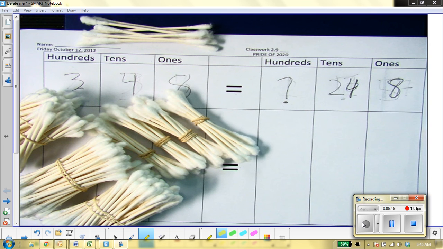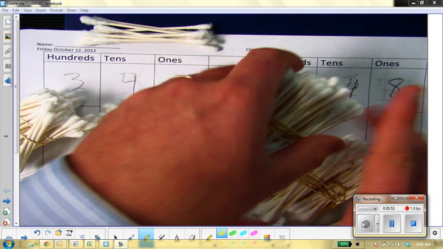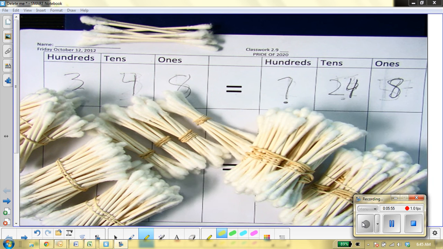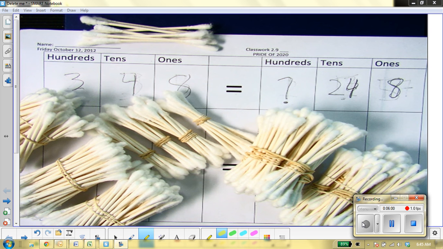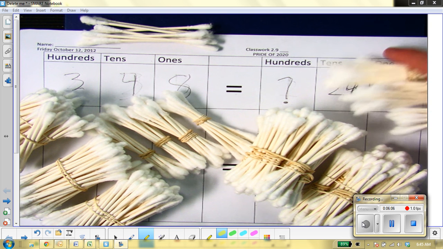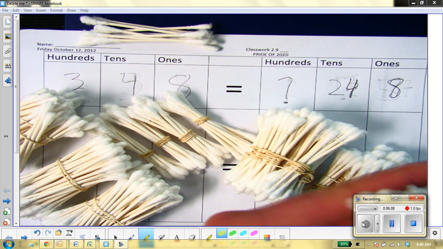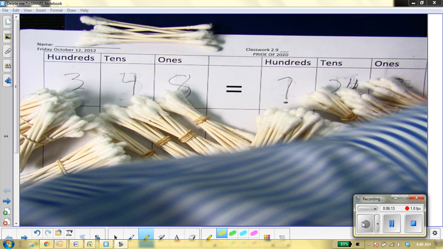I need the same thing on the other side to balance out. So here are my 300s. Sorry, here are my 4 tens. And here are my 8 ones. I was looking at the wrong place value.